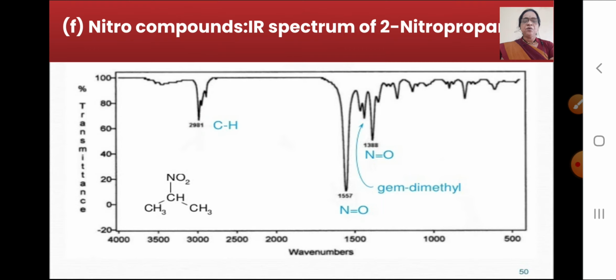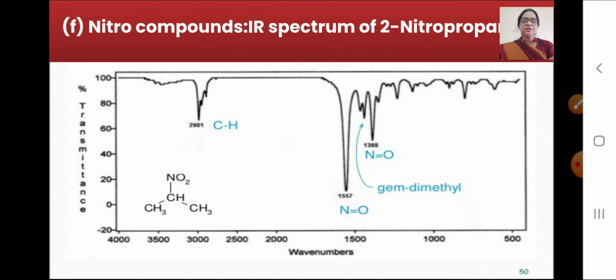In aliphatic nitro compounds, the asymmetric stretching vibration occurs in the range of 1600 to 1530 per centimeter, and the symmetric stretching band appears between 1390 and 1300 per centimeter. Take the example of 1-nitrohexane, which absorbs at 1500 per centimeter and 1380 per centimeter. Normally its lower frequency band is less intense than its higher frequency band.